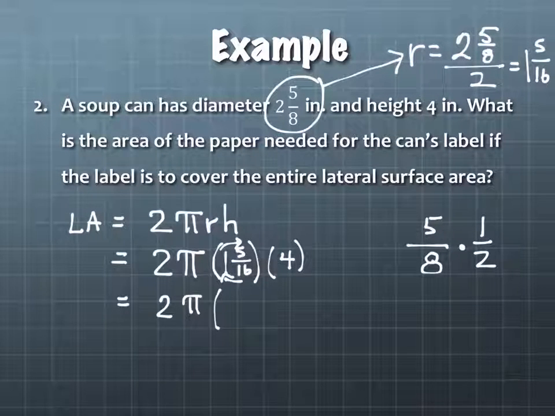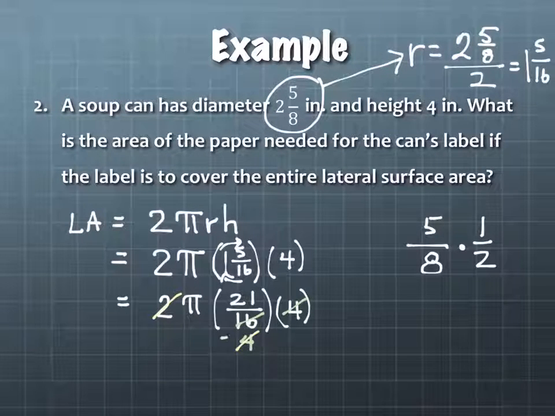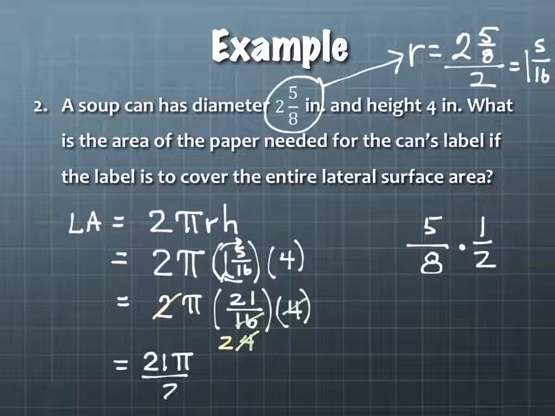What's 16 plus 5? 21 over 16. And then I can take the 4 and reduce it with the 16 to give me a 4 on bottom. I can also reduce the 4 with this 2 to give me a 2 on bottom. You don't have to do this, but it might make the entry into your calculator a little bit cleaner. This is 21 pi over 2.